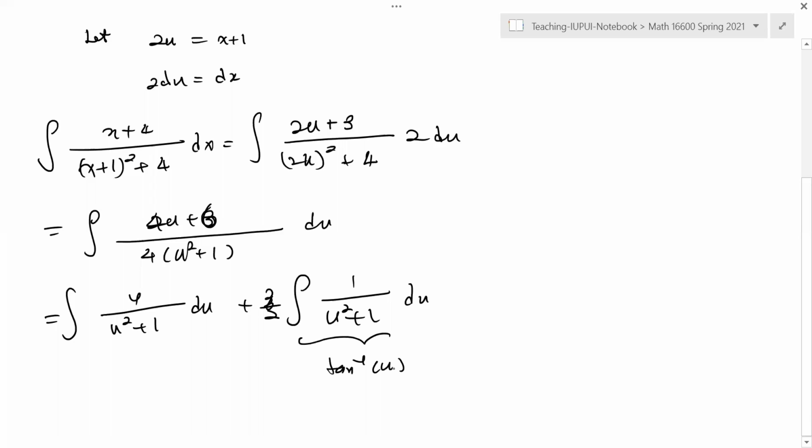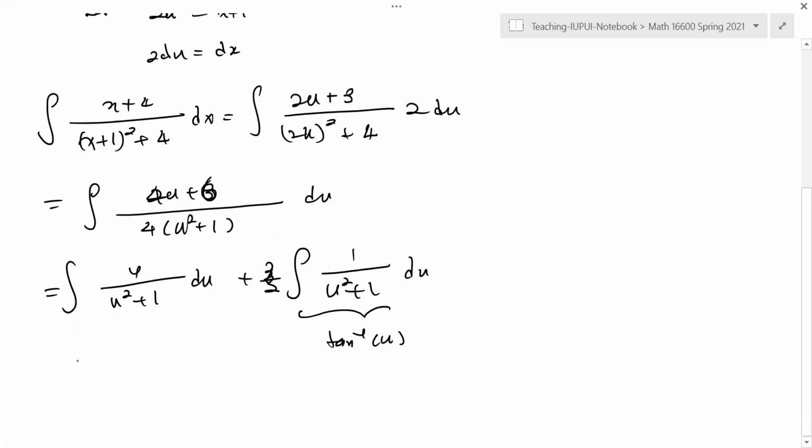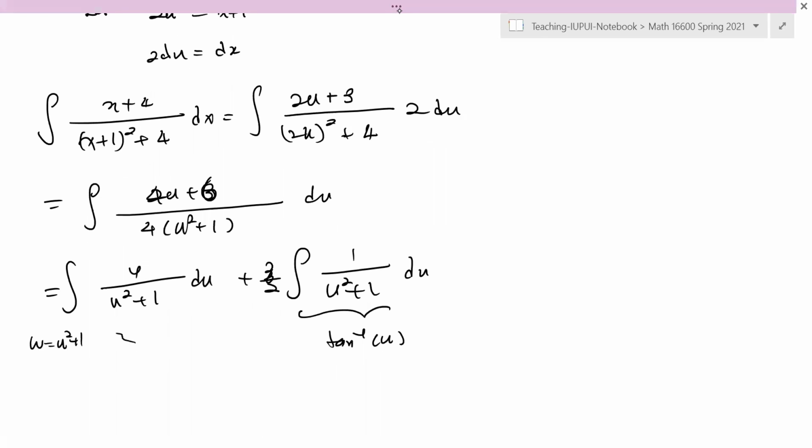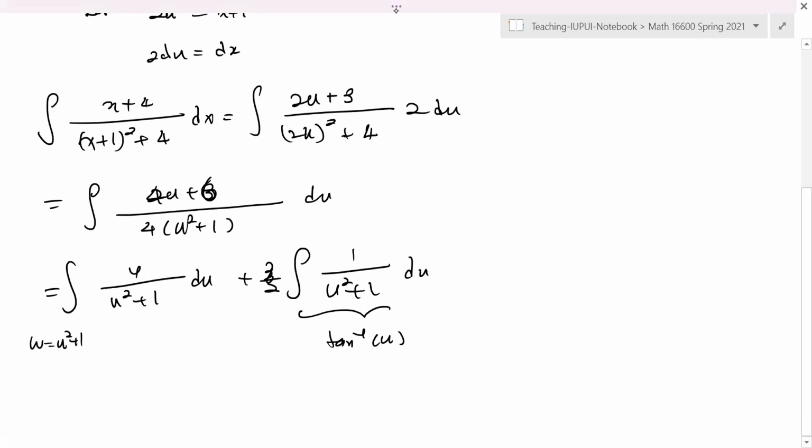The first one, you use another substitution. If you let w be u squared plus 1, then u times du is going to be half of dw.